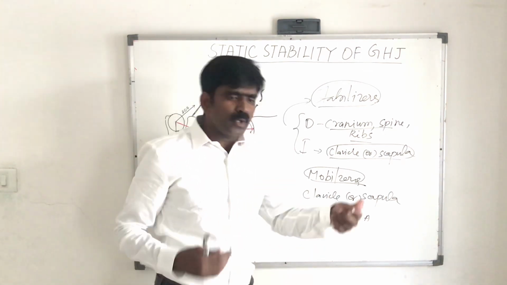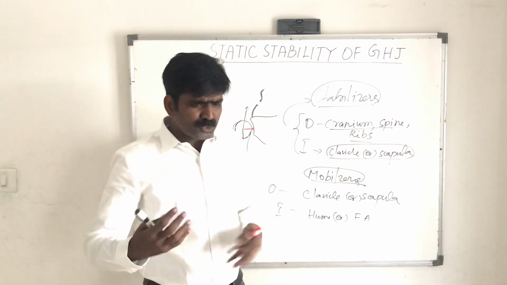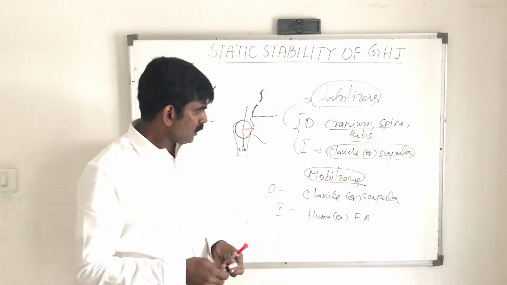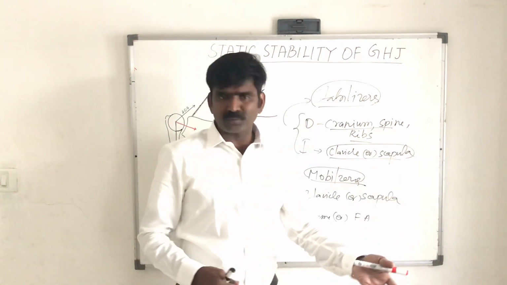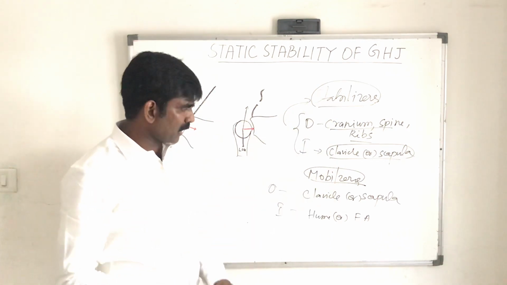Normally when you are doing any activities of the shoulder joint, there should be an interaction between these stabilizers and mobilizers. So I will discuss these topics in detail in dynamic stabilization of the shoulder joint. I would just like to give an introduction about the stabilizers and mobilizers.